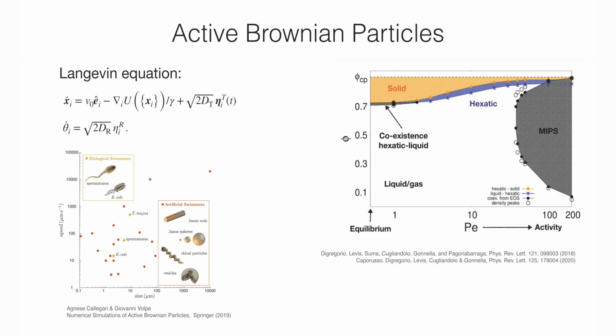The second term is an interaction term. It's the gradient of a potential. U is an interaction potential between particles, and gamma is a kinetic coefficient. So you have particles moving at constant speed, and they interact with other particles, say by exclusion or by some kind of potential. The last term is a term which we didn't discuss in the lecture yet. It's a random term.